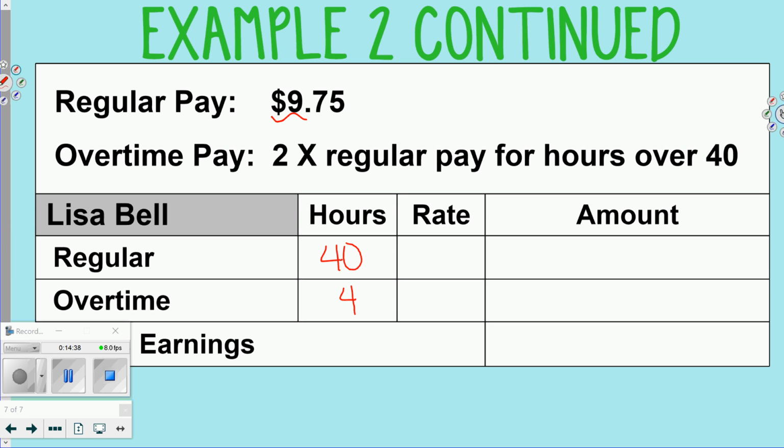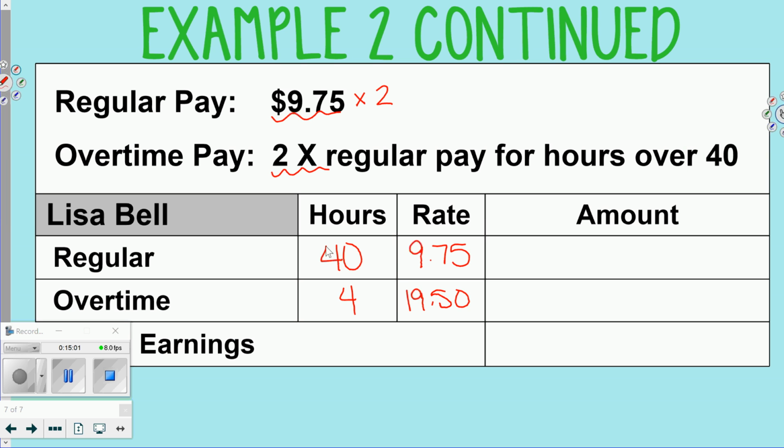My regular rate, they told me, is $9.75. And then for overtime, it said it is 2 times the regular pay. So we're going to multiply that times 2, 9.75 times 2. I will make $19.50 per hour for anything over 40, which is awesome.